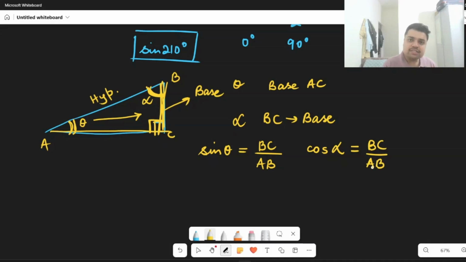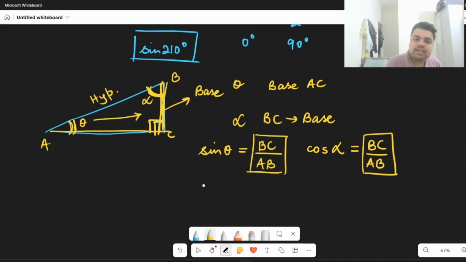All these we are dealing with because we know these basic rules, or basic ratios. Now, are they the same? Yes, they are the same. So can I say that sine theta is equal to cos alpha? Yes or no? Now my next question is, is there any relation between theta and alpha?